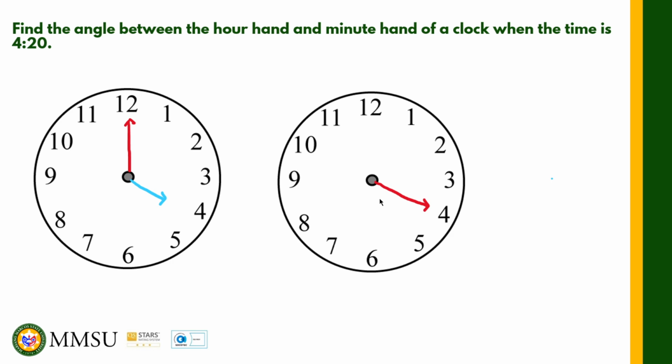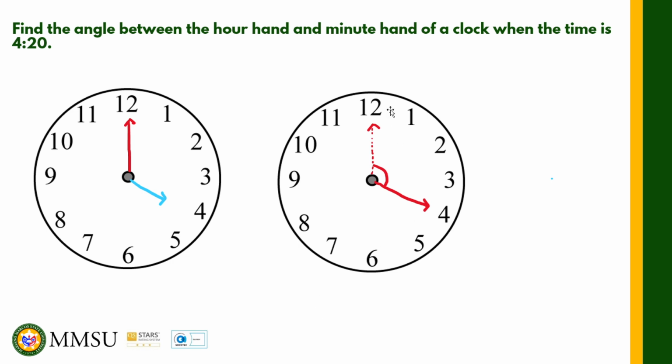Okay, so ang tanong, since we are talking about angles, so i-express natin in terms of angles lahat, degrees, okay? So how many degrees yung na-travel ng minute hand natin? So from 12 to 4, nandito yung initial position niya, and then pumunta dito sa final position 4. So how many degrees is this one? Okay. We know that one dial in the clock is 30 degrees, tama?